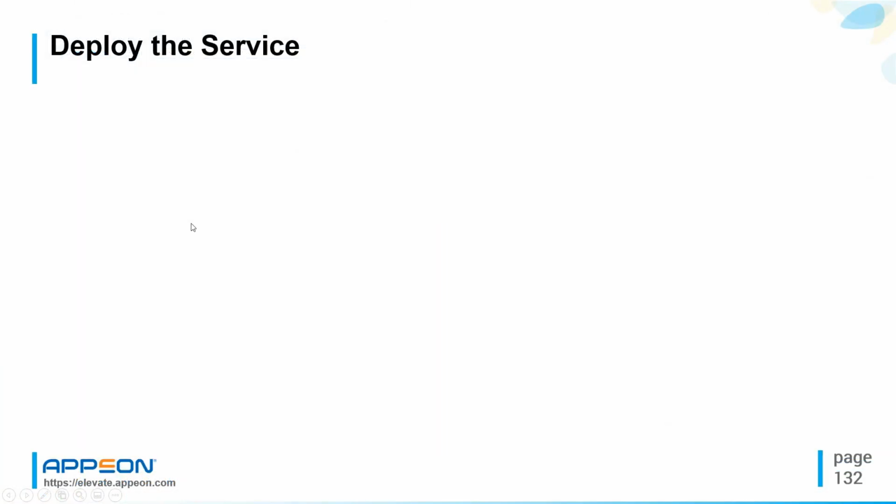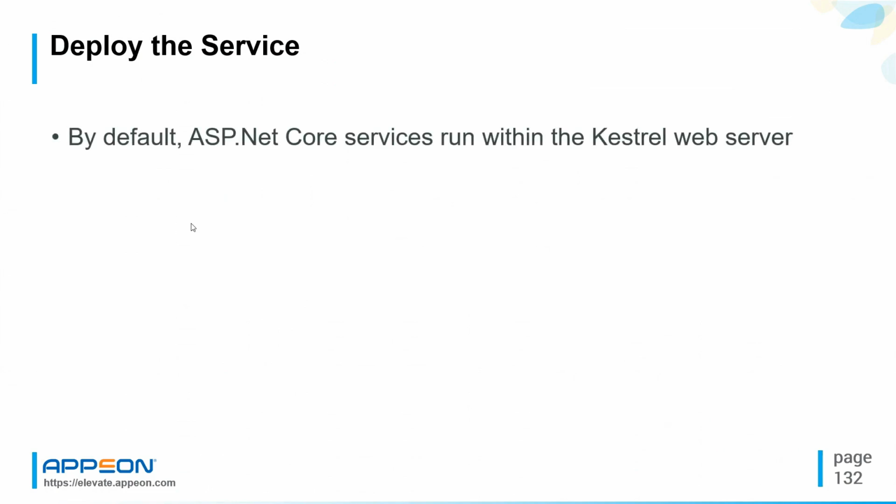Okay, so let's look at deploying the service. And like I mentioned much earlier on, I'm going to be using Amazon Lightsail, which most people don't know what it is, but it's Amazon's version of something like HostGator, where you can host web services on a machine in a cloud environment.